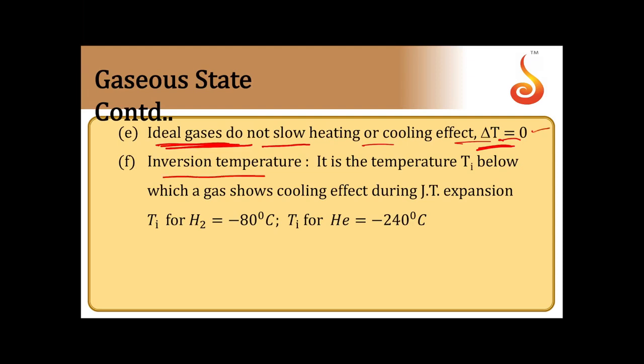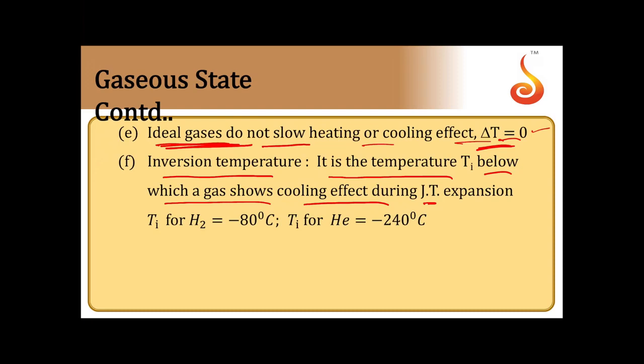Then comes inversion temperature. It is a temperature, represented as Ti, below which the gas molecules will show cooling effect during Joule-Thomson expansion. To experience Joule-Thomson effect, the molecules must have attractive forces. Unless the molecules have attractive forces, they will not experience Joule-Thomson effect.